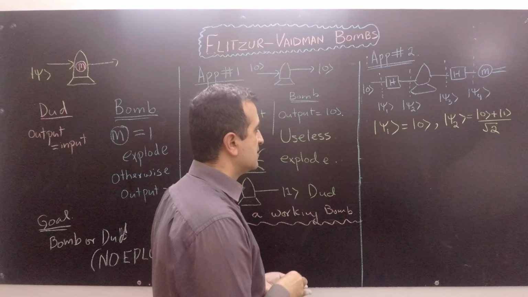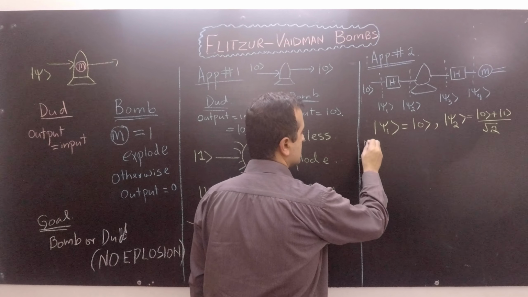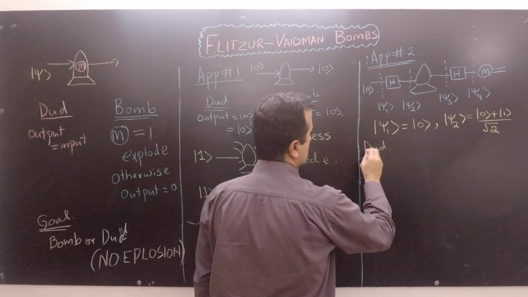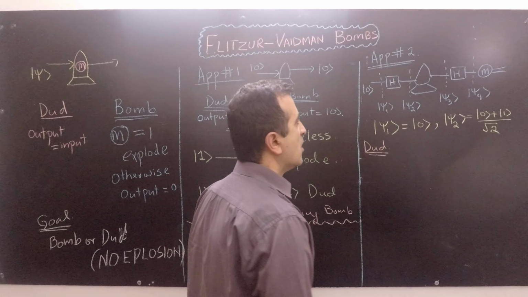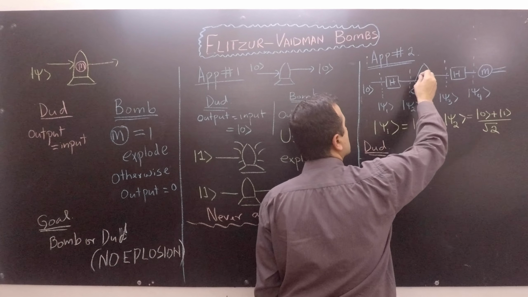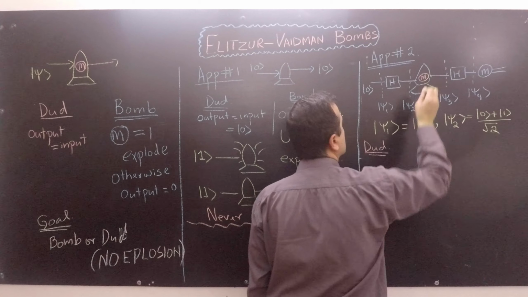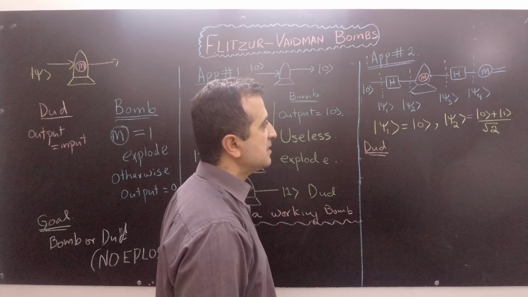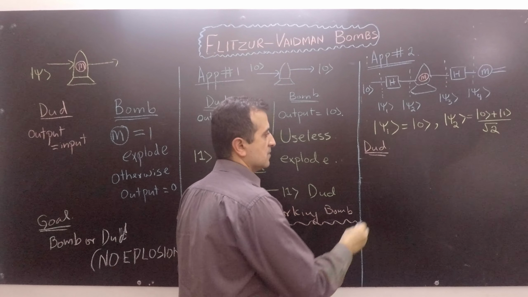In case the device is a dud, then the measuring operator inside the device will not be working. Therefore, ket psi 3 will be the same as ket psi 2.